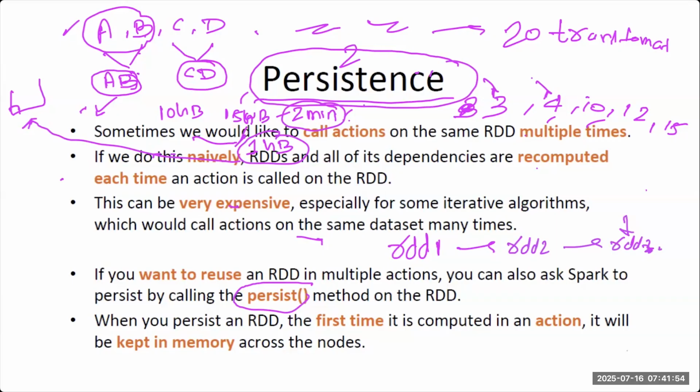Then I will do RDD3.persist, and it will save it. After that, if I want to do something on RDD3, I can directly use it. I do a transformation and get RDD4, and if I need it in other places, I will directly read that RDD and use it.